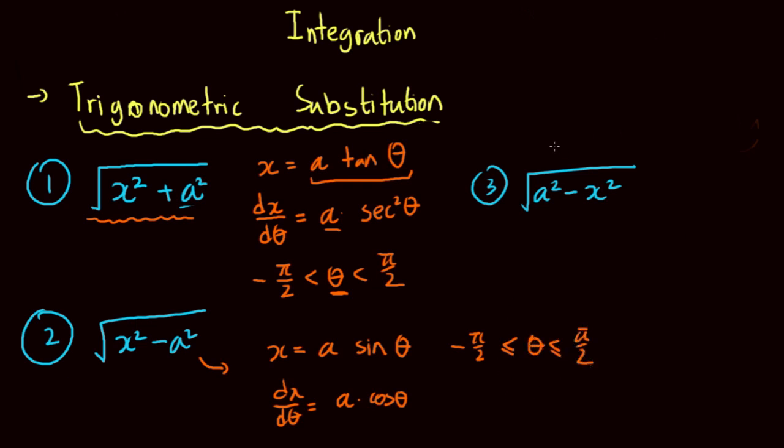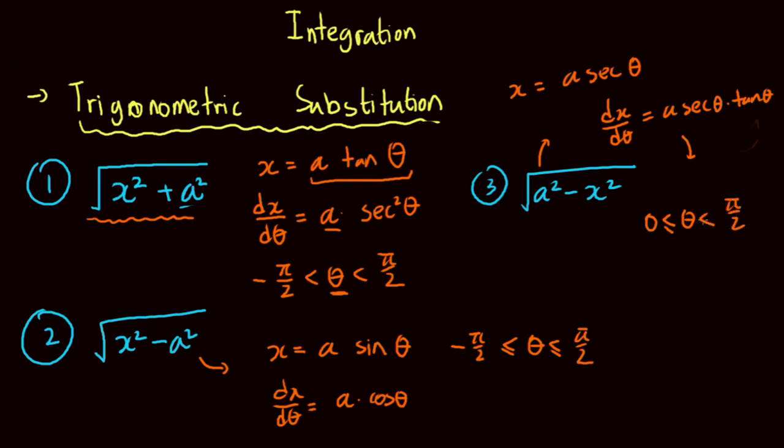And for the last form, you can replace x with a secant of theta. Your dx d theta would be a sec theta times tan theta. And your theta limits are either between 0 to pi over 2, not including pi over 2, or between pi and 3 pi over 2.